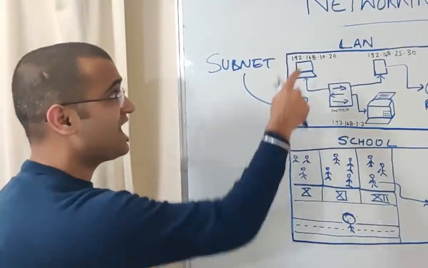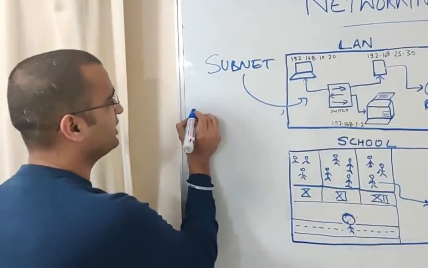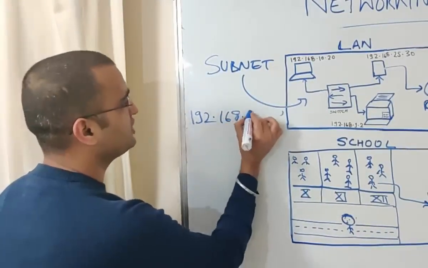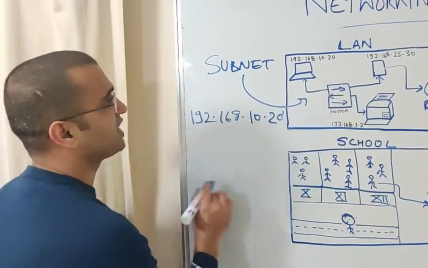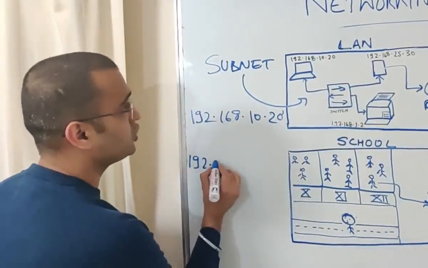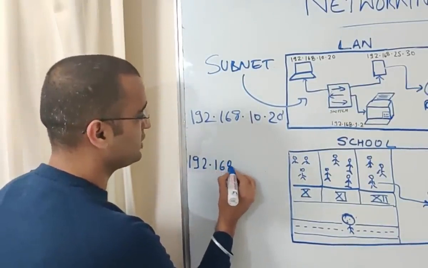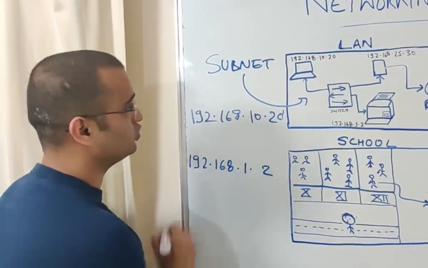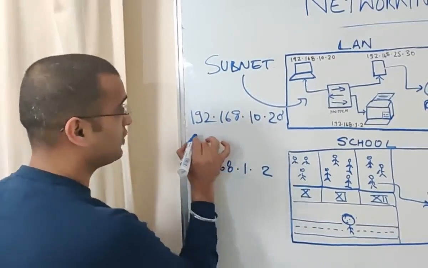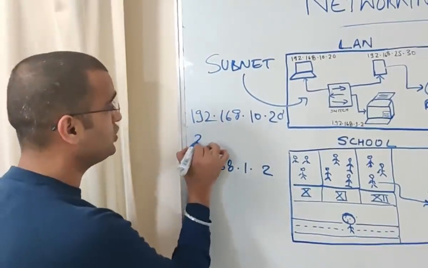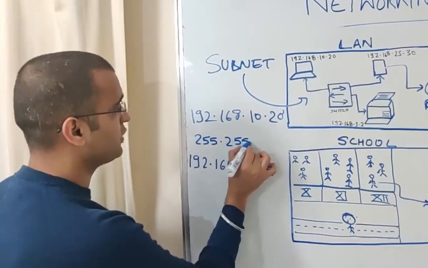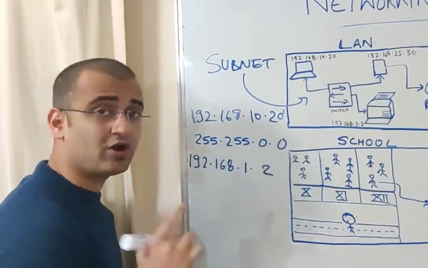Suppose the IP address of this particular laptop is 192.168.10.20 and the IP address of this printer is 192.168.1.2. Between these two sits the subnet. So the subnet for this particular local area network could be 255.255.0.0. What does this mean?